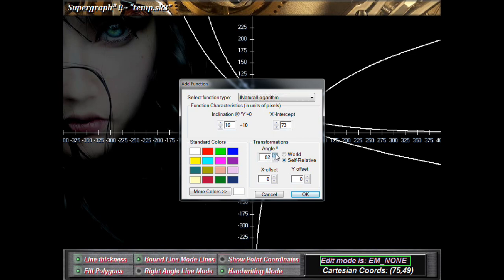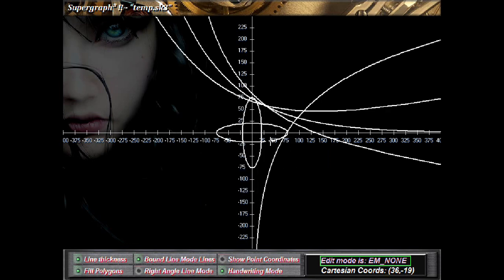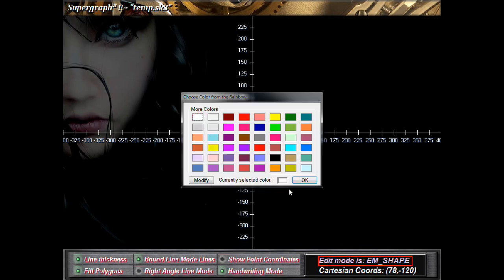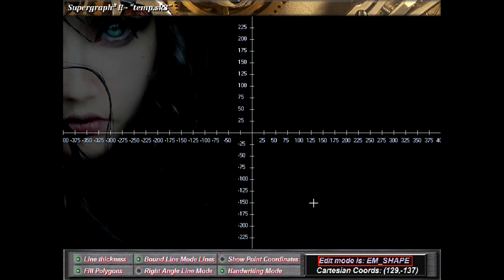If I'm increasing it, doesn't matter. I can try and draw my own picture. Use the handwriting. Whoops, it's not very good either.